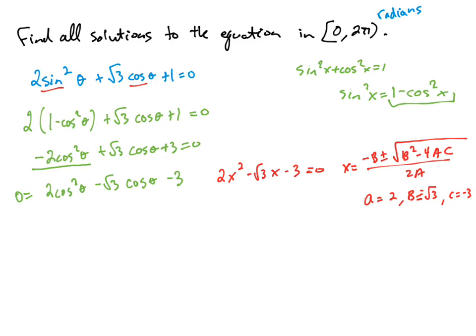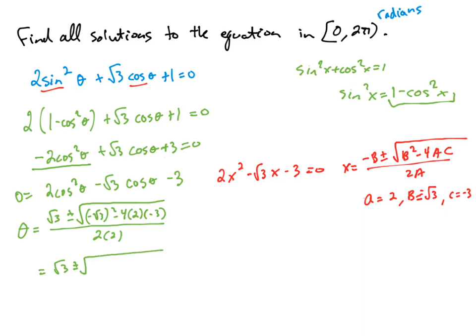So we're going to use those same values for a, b, and c in the trig equation. So I'm going to say theta is equal to negative b, so negative of negative square root 3, so root 3, plus or minus the square root of b squared minus 4ac all over 2 times a.